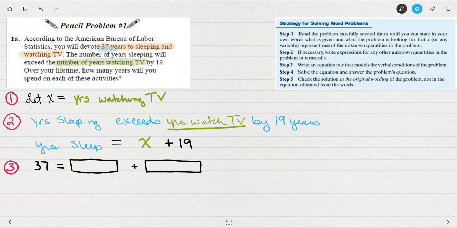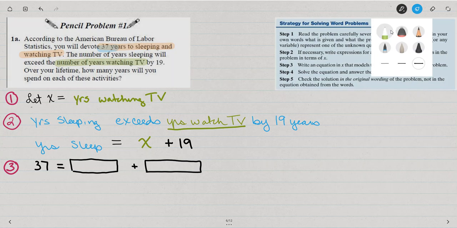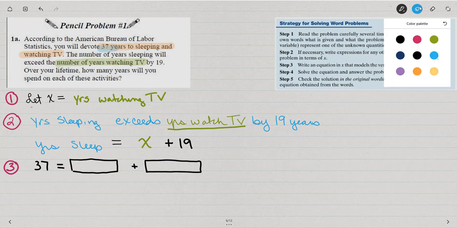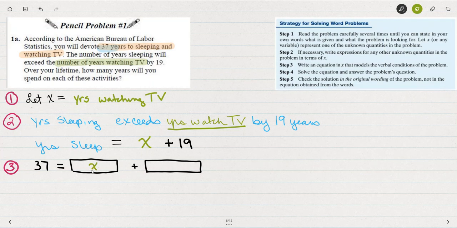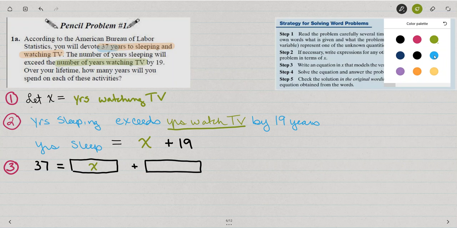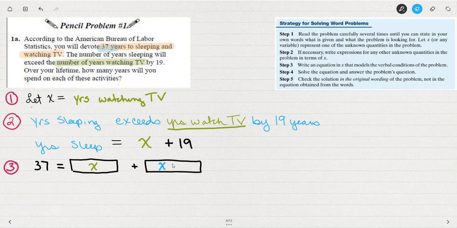So 37 is equal to years watching TV added to years sleeping. I can put this in an equation: 37 equals x, years watching TV, plus x plus 19, which was the years sleeping.